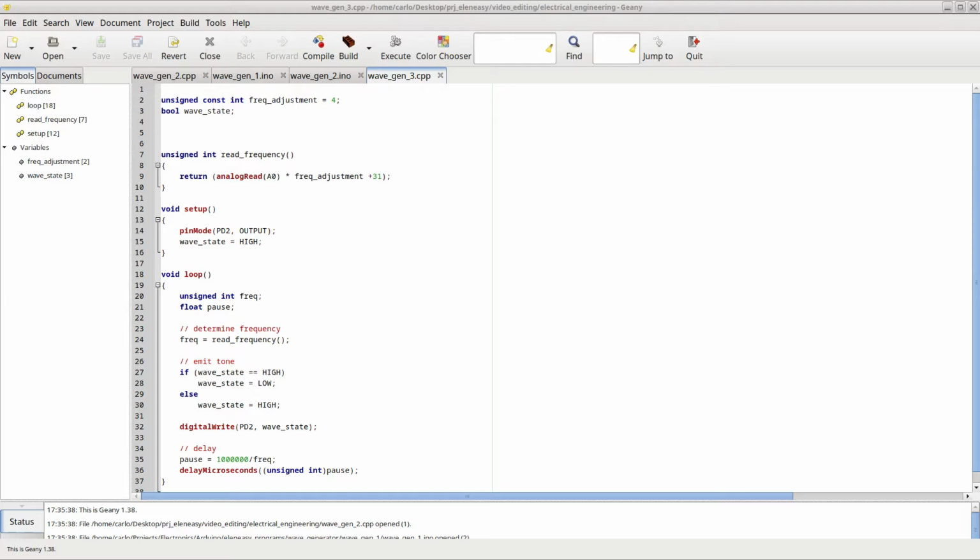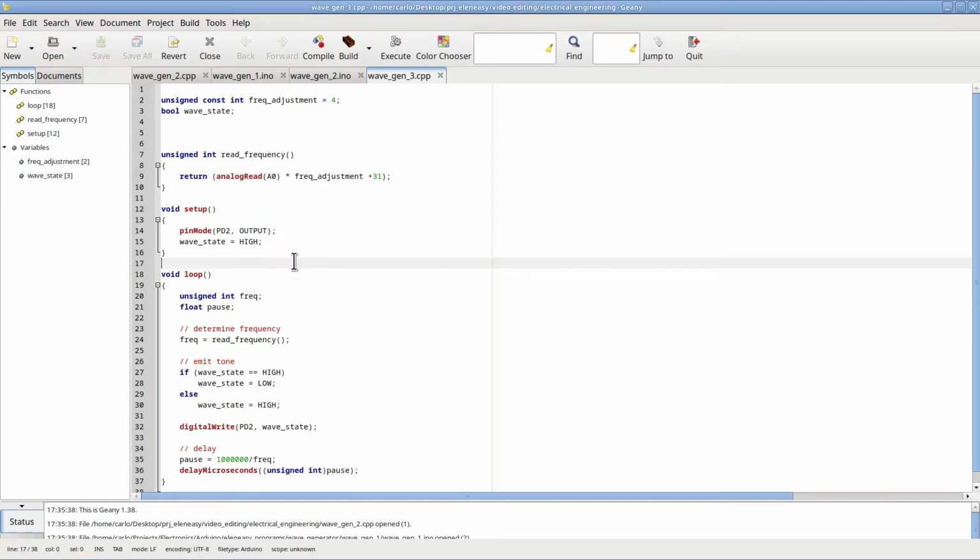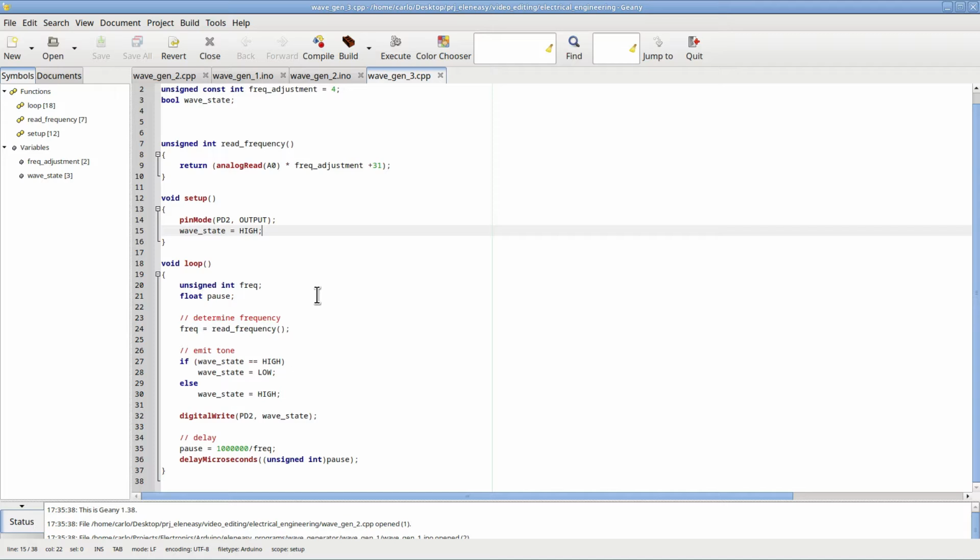This time we do use the setup function to initialize pin 2 as a digital output port, and we also define the first state of the square wave we want to generate, in this case a high, representing the 1. The digital output will just have to flip between 1 and 0 continuously, or high and low. And it does have to do that at the rate that is imposed by the requested frequency.